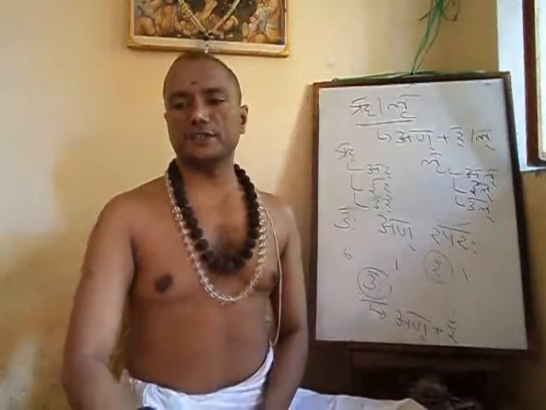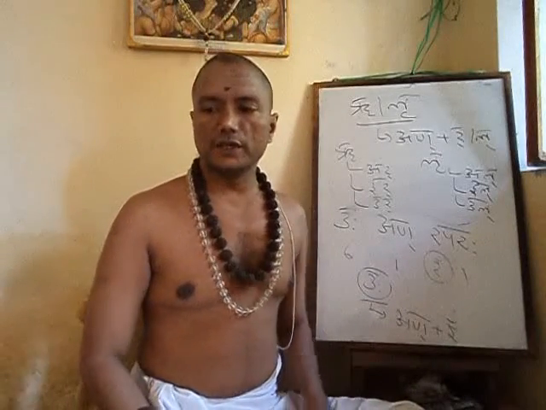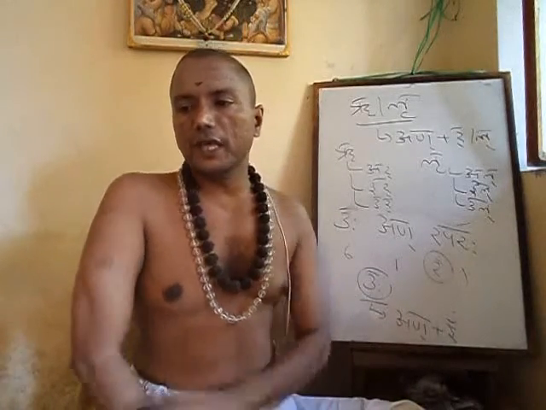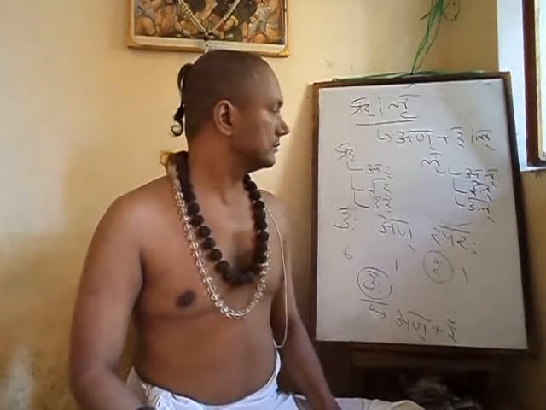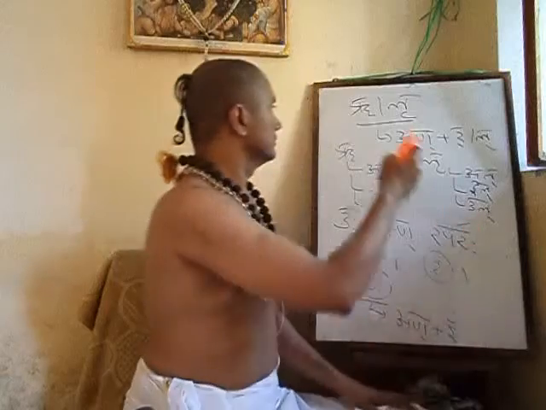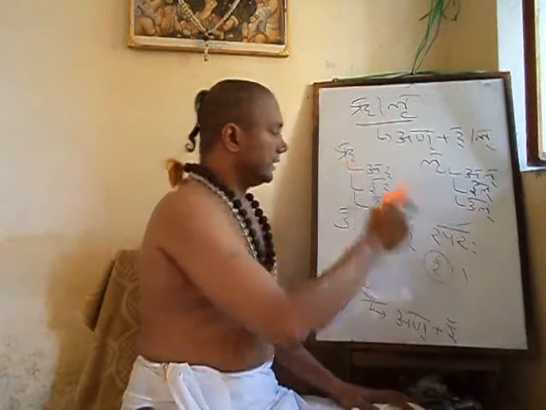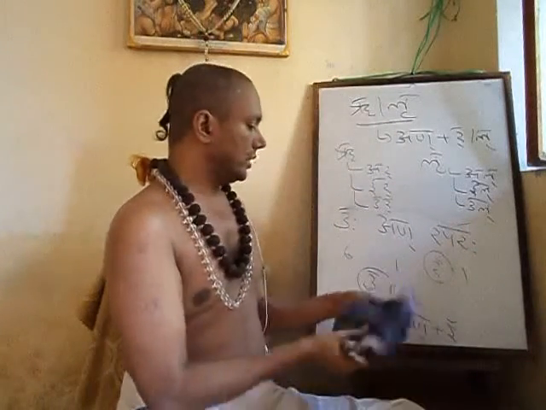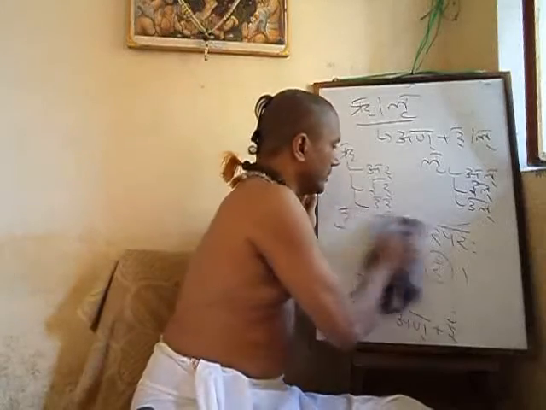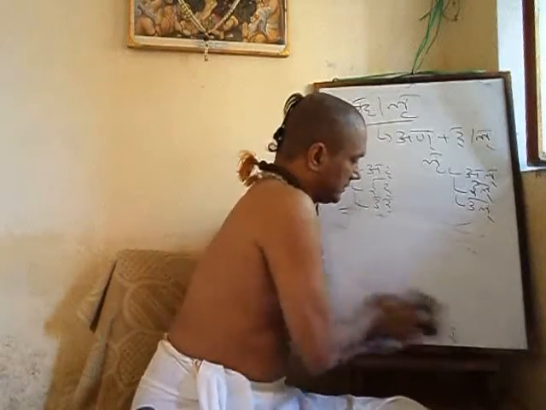Okay? So, this way we have this situation. What is that? Krishna plus Vriddhi. See, if this is a Guna replacement, I won't have any problem. If I have Vriddhi replacement, what will happen?